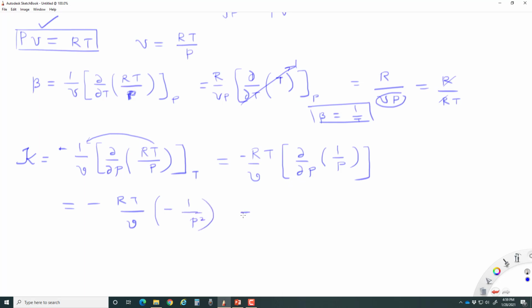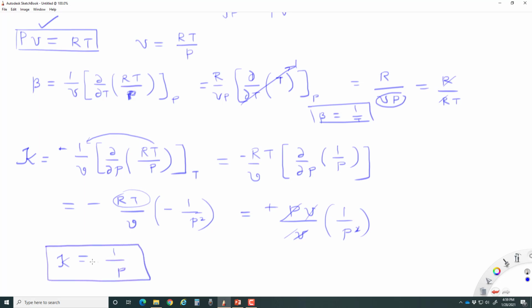This negative and negative will be positive. We can replace RT by PV, over V, and 1 over P squared. Cancel V and V, cancel this P and one of the P's here, so kappa is equal to 1 over P.